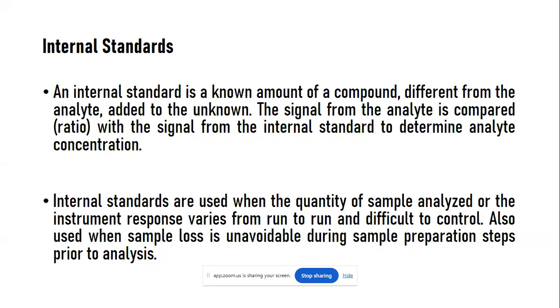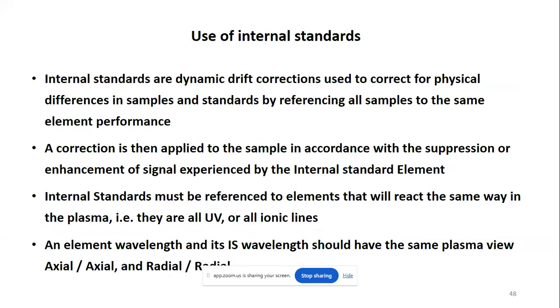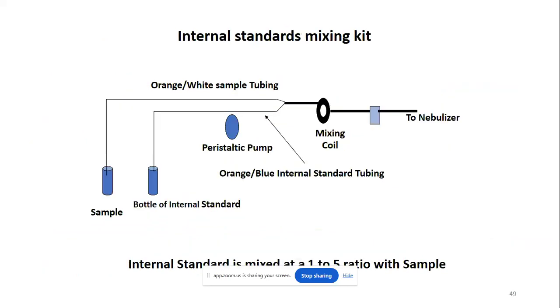The internal standard is again the second method to check the accuracy. What is the internal standard? With the internal standard, we add a known concentration of a metal in the sample itself.